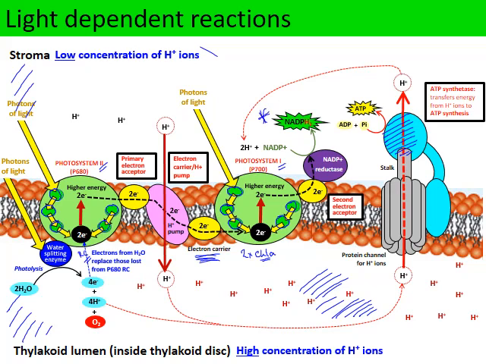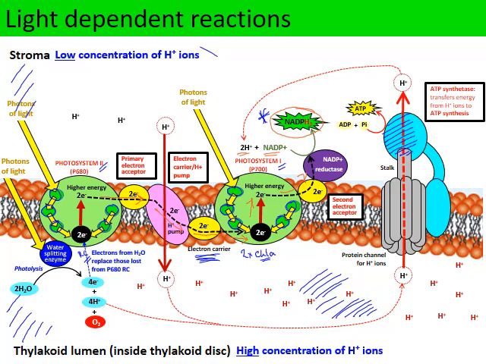NADP. So as the electrons move down the electron transport chain, we know they lose energy like this. The electrons are used to replace those that become excited to a higher energy level in PS1. The high energy electrons from PS1 get emitted and get used by an enzyme to combine them with protons and NADP to form reduced NADP.